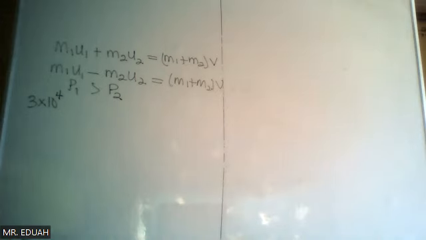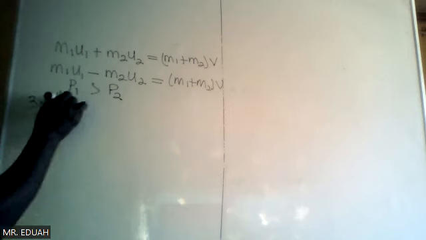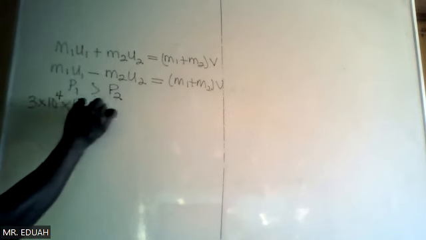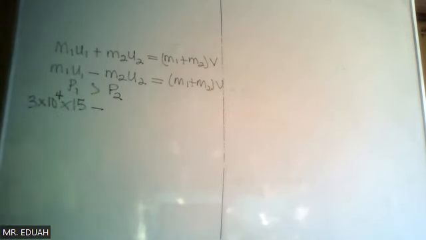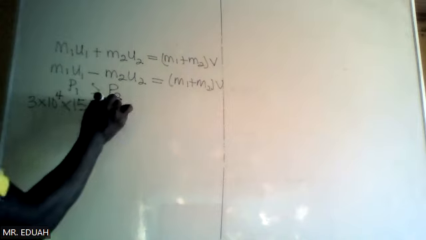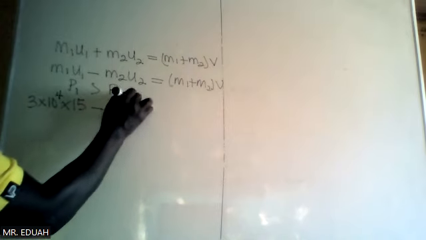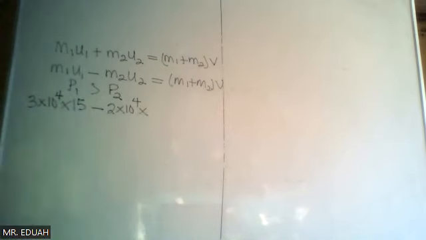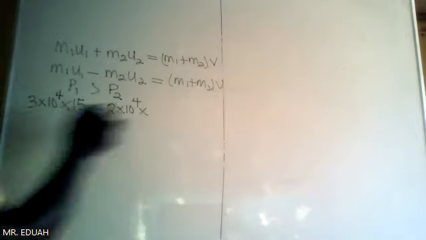M1 is 3 times 10 to the power 4, and then U1 is 15, minus M2. M2 is 2 times 10 to the power 4 times its velocity, 10.